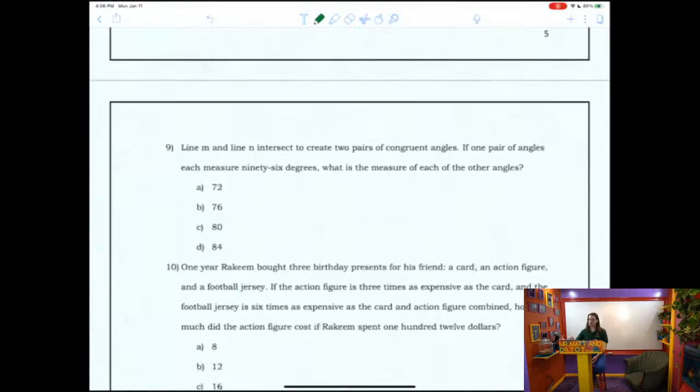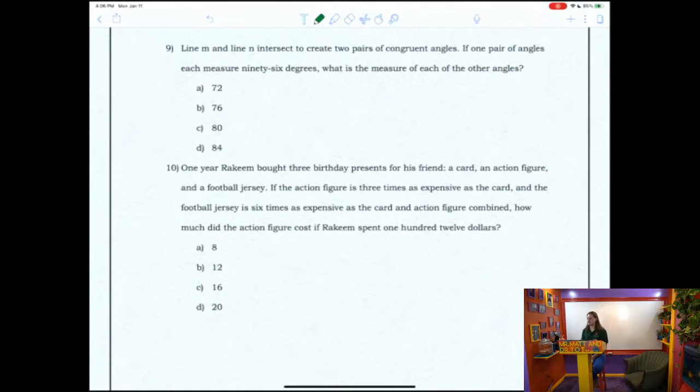Let's look at 2 more pairs of these examples, so 9 and 10. 9 asks, line M and line N intersect to create 2 pairs of congruent angles. If one pair of angles each measure 96 degrees, what is the measure of each of the other angles?